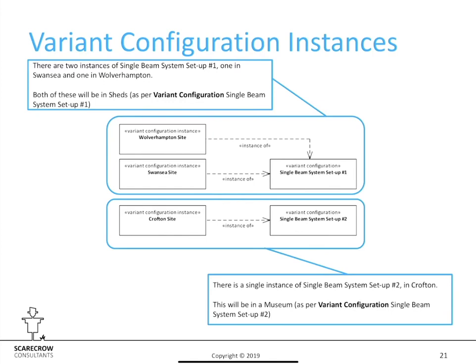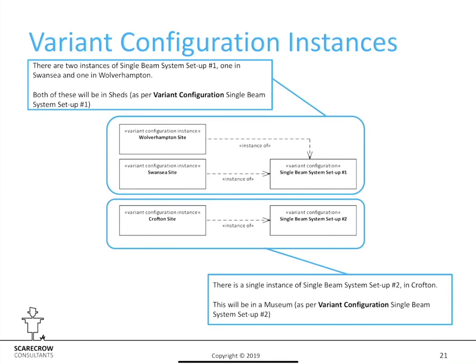This is probably of less use where you are mass producing things, something like automotive where you're making thousands or hundreds of thousands of a particular variant configuration. But for some systems where the number of instances created is relatively small, this can be quite useful.